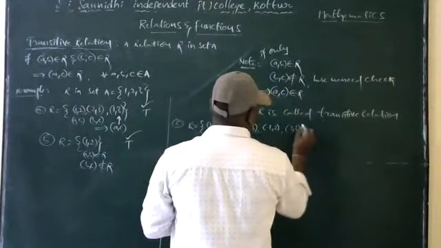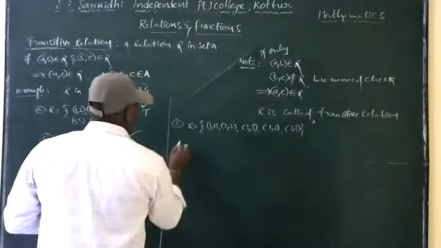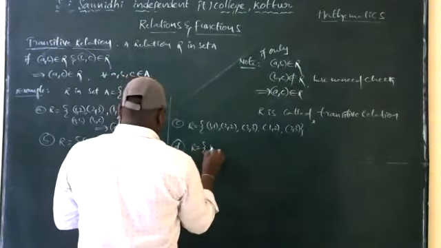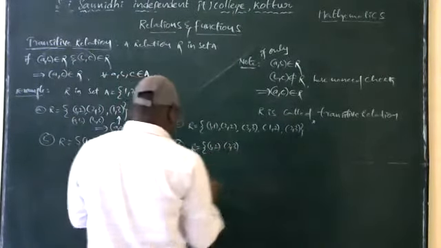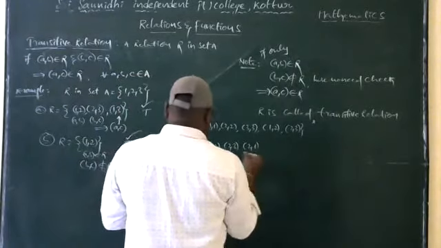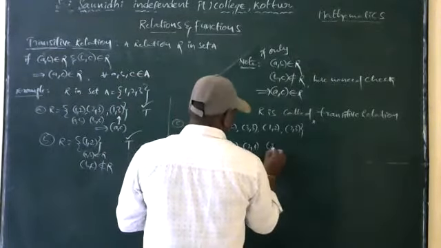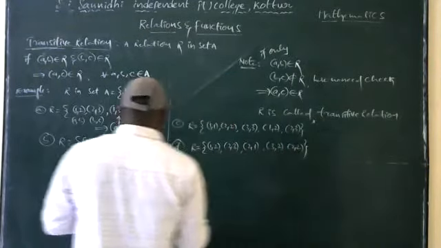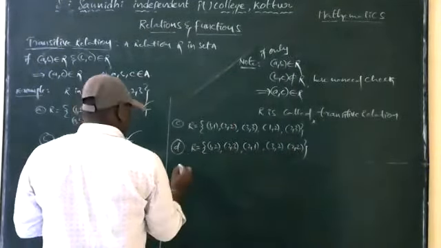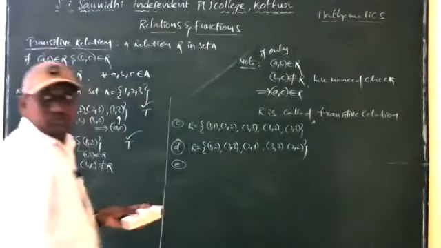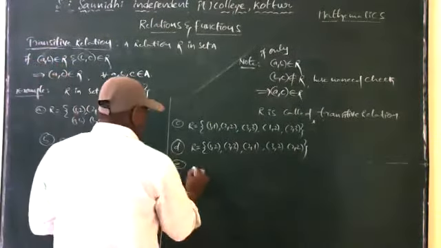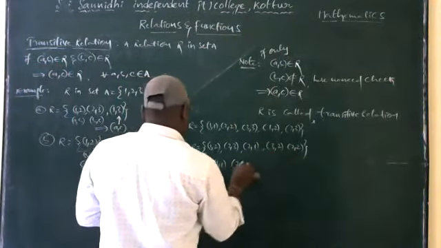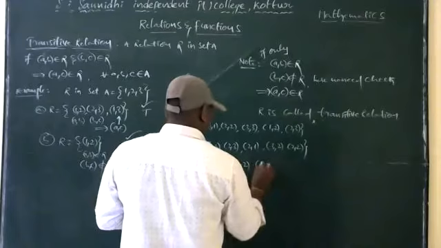Next, one more example: R is equal to 1 2, 2 3, 2 1, 3 2, 2 2. Next, one more example: R is equal to 1 1, 2 2, 3 1, 3 3, 1 3.